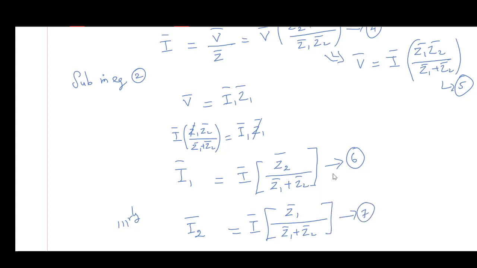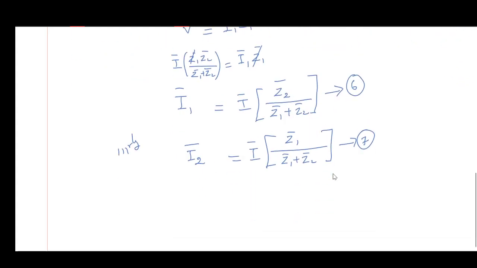Now in order to find out the power rating, multiply equations 6 and 7 by V vector on both sides.